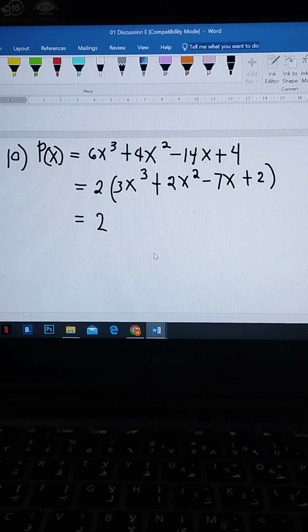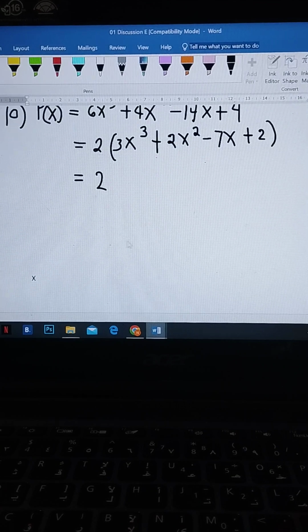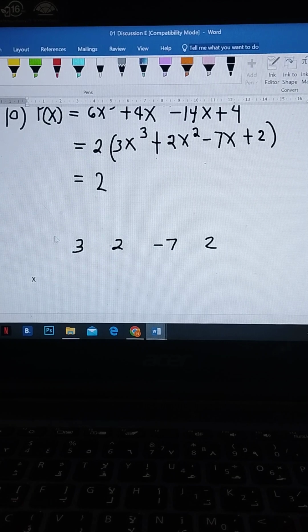Okay, so we will now use synthetic division here. So 3, 2, negative 7, then positive 2.